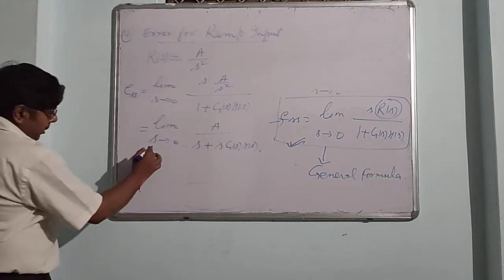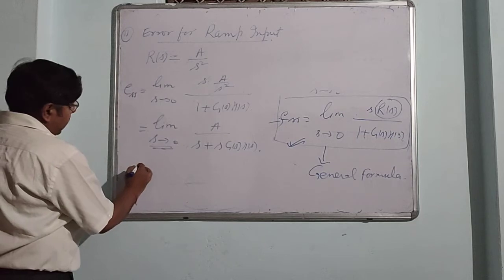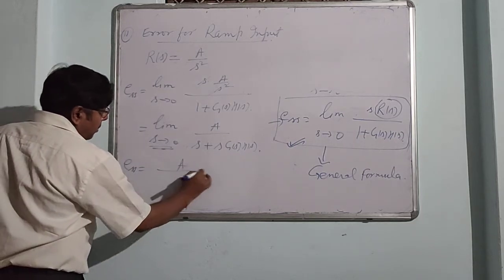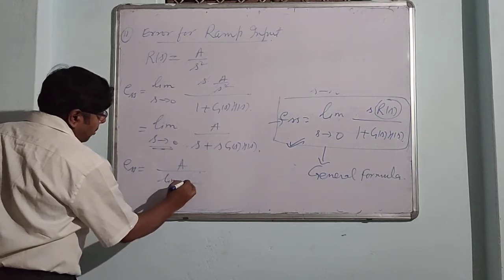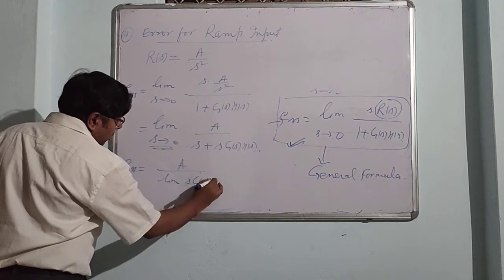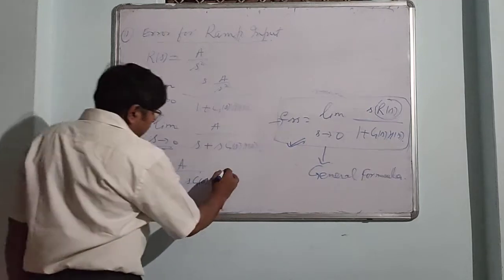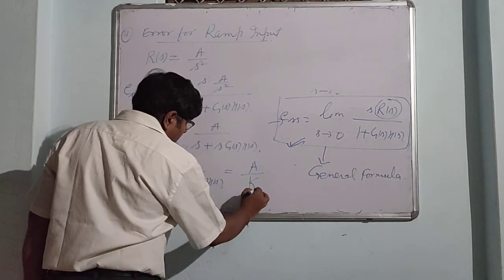And when the limiting value of this is used, you can write steady state error equals A upon the limiting value of sG(s)H(s), and this is Kv.